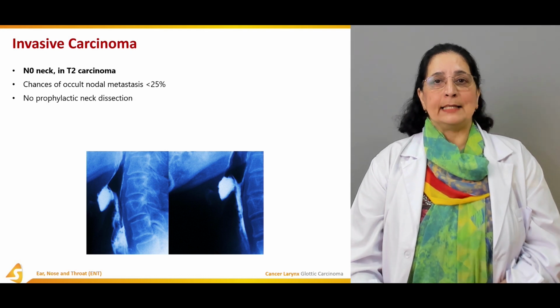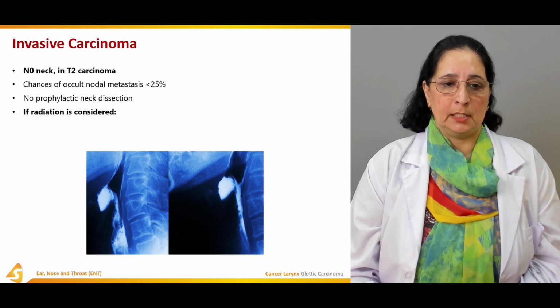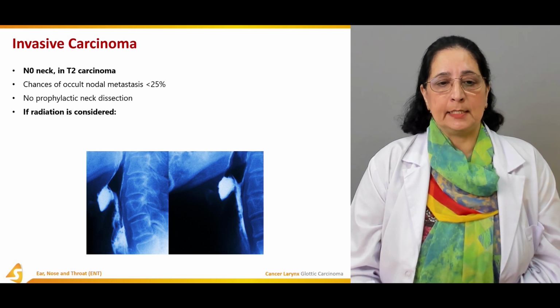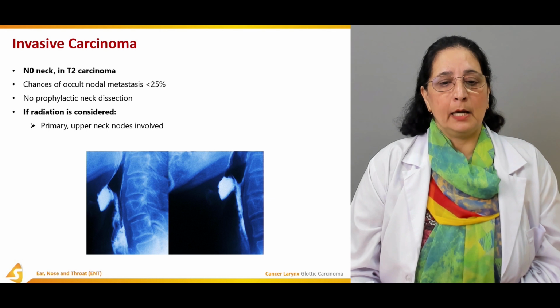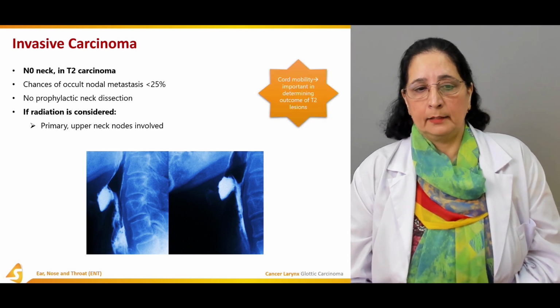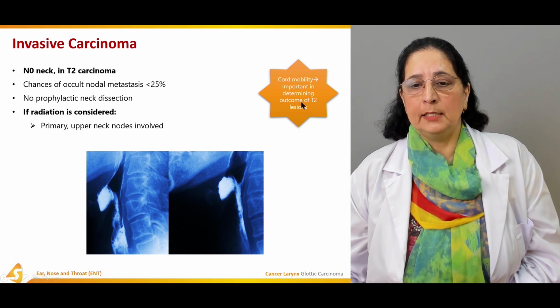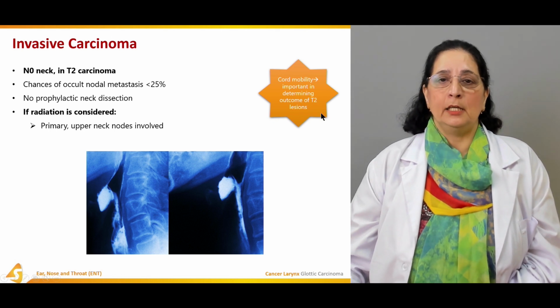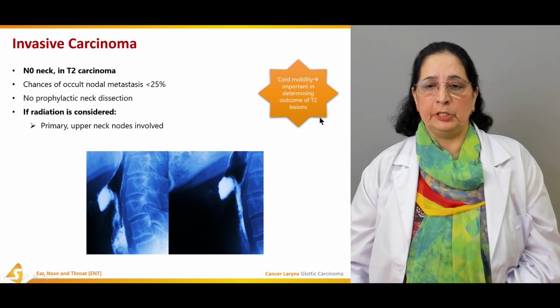No prophylactic neck dissection is done. If radiation is considered, the primary and upper neck nodes are involved. Cord mobility is important in determining the outcome of a T2 lesion.